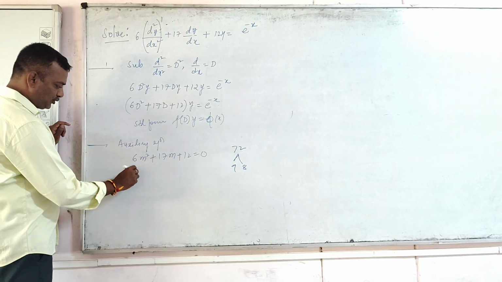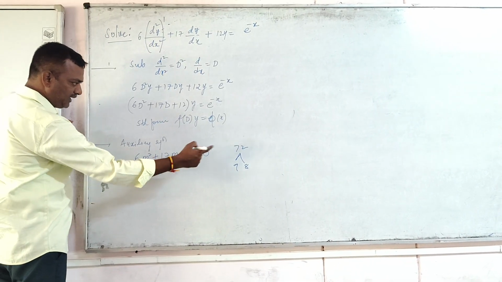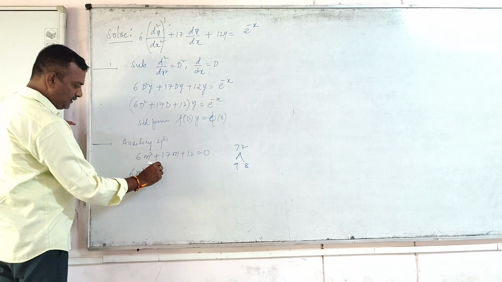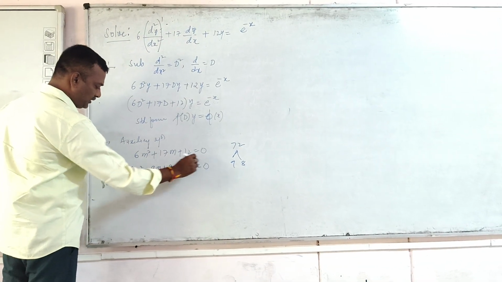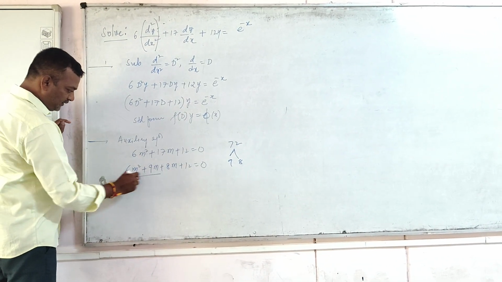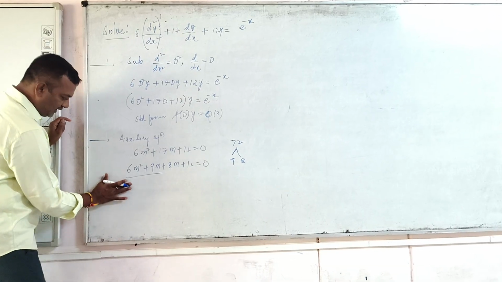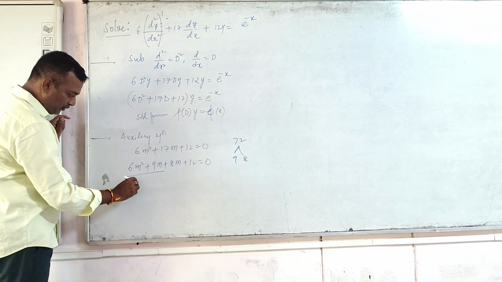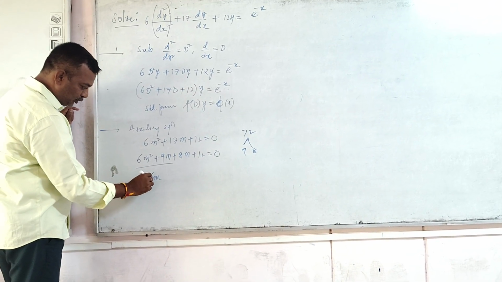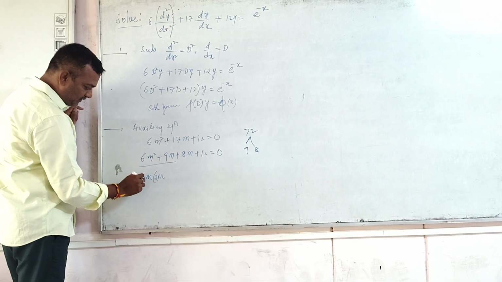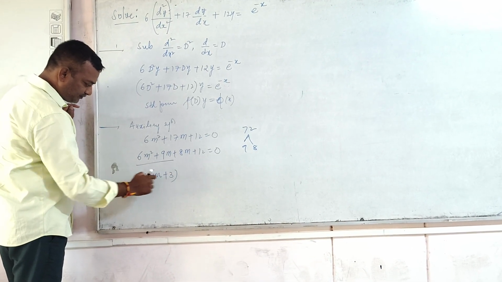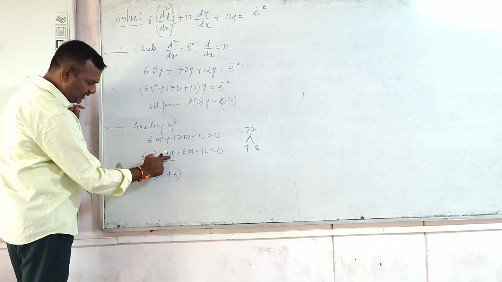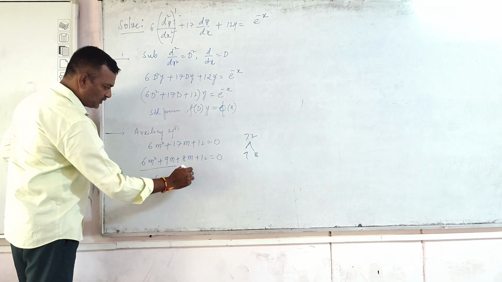You can write 6m square plus 17m as 9m plus 8m plus 12 is equal to 0. In the first two terms, take what is common here? 3m is common. You will get 2m, 3 twos are 6, m into m is m square, plus 3. Isn't it? 3m into 3 is 9m.